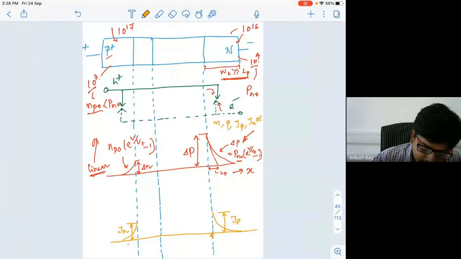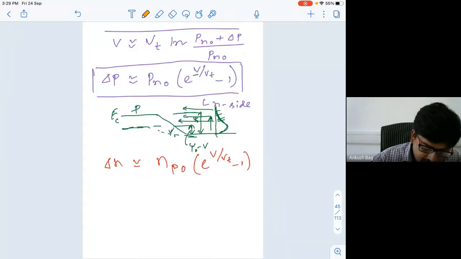How these 5 parameters vary within the device as a function of x, that we need to find out. We have already seen the spatial variation of electron and hole concentration. Now we will try to find out this Jp and Jn variation with x. And this electric field variation we have already seen earlier, like this electric field has this kind of variation.